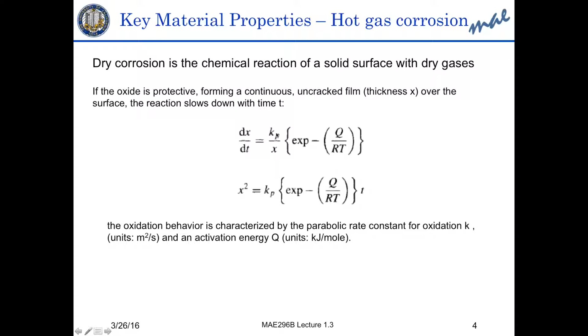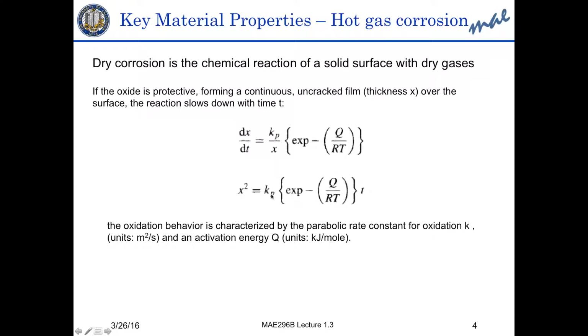One is the oxidation rate constant, K sub P, which has units of meter squared per second, very similar to the thermal diffusivity, same units. And another constant is the activation energy for dry corrosion. So once we know these two parameters, we can integrate this equation, and we get a relationship that x squared is a constant times the time.